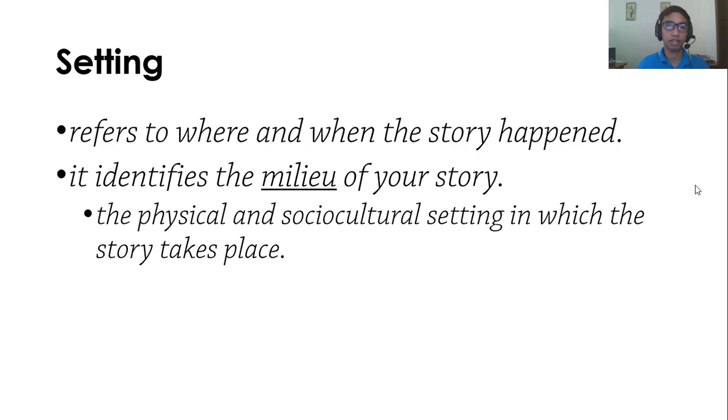That's the physical and social cultural setting. Of course, going from the Philippines to America, it's a different thing. Different race, different tradition, different language, name it. They are really different. There's a big difference.